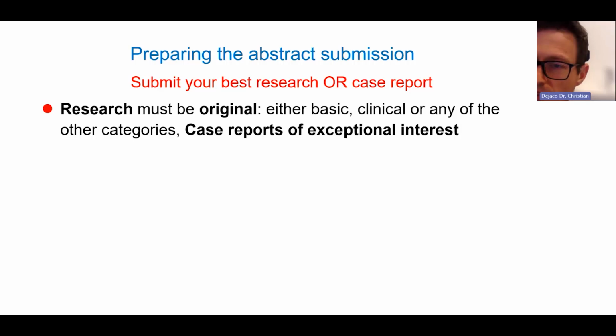For the case reports, there is one important thing. Please only submit cases that are of exceptional interest. So it's not, I had a patient with COVID-19 and this patient developed some myalgia after the COVID, which we had last time really a lot of. It should be something where you think this is really exceptional, that is not seen every day, that is probably only reported a couple of times in the world.